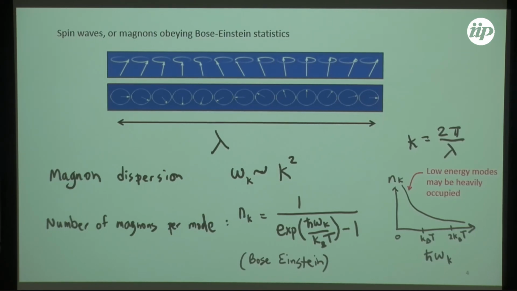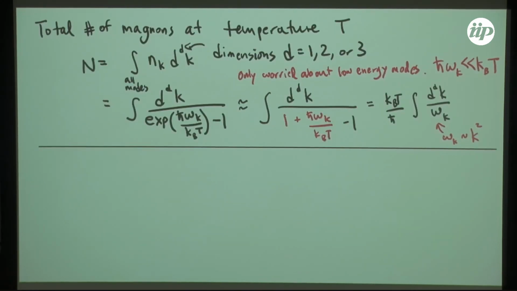Okay. All right, so we can do some calculating. The total number of magnons at temperature T is you just basically say, well, tell me the number of magnons in a given mode of wave number k, and then you just integrate over all modes. And then it'll be d^dk, where d is the dimension. d could be 1, 2, or 3, right?